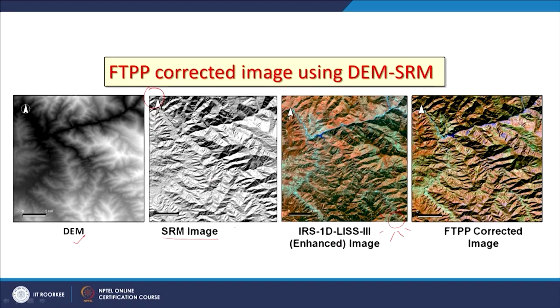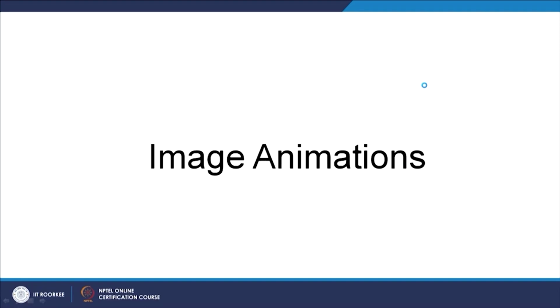After using this one and this one, a new product has been created where the illumination source is here, the satellite image is here, and of course in the background you have the shaded relief model or digital elevation model. So, a problem can be solved very easily by doing integration in a different way.